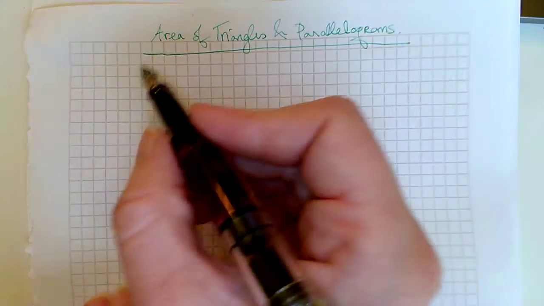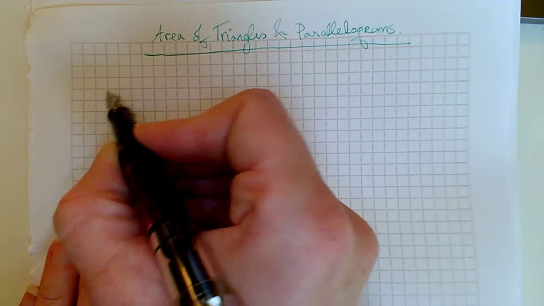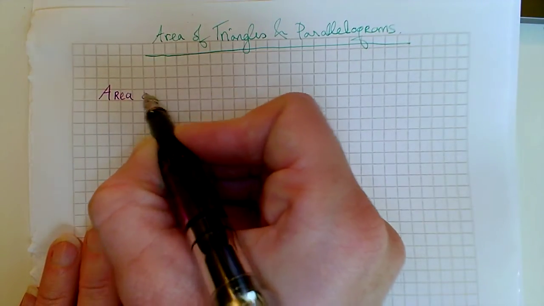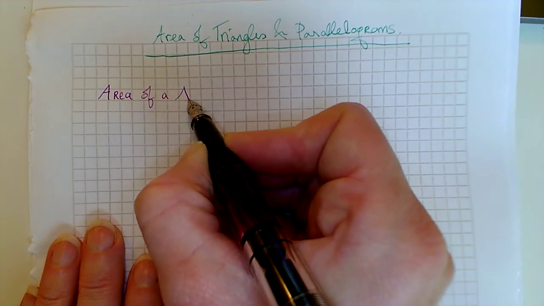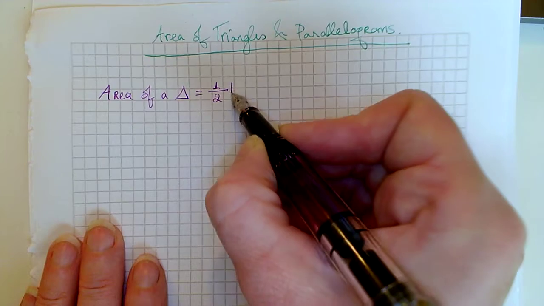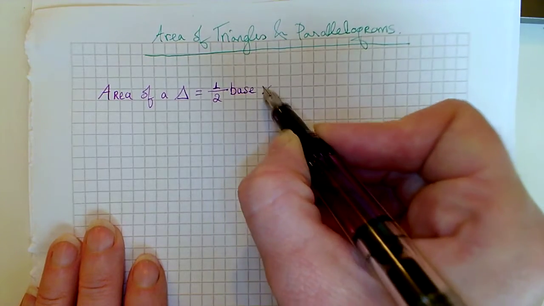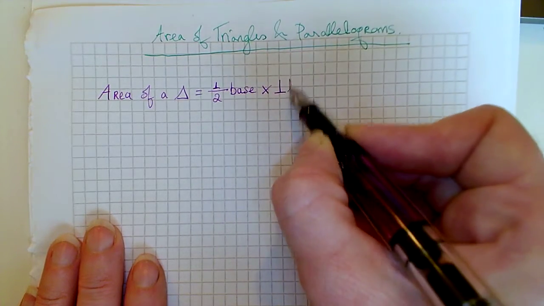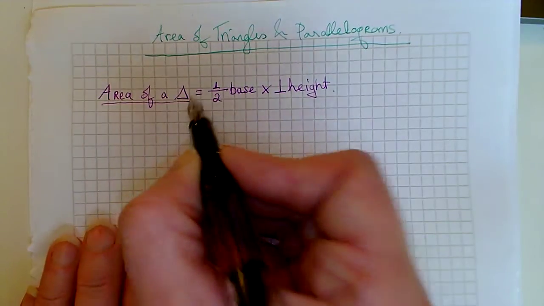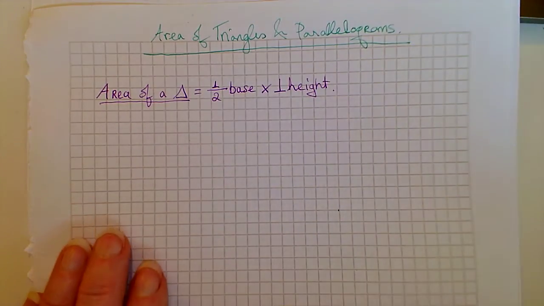So the first thing to write down is our formulas, that the area of a triangle is half its base multiplied by its perpendicular height. And we're just going to add on something there.